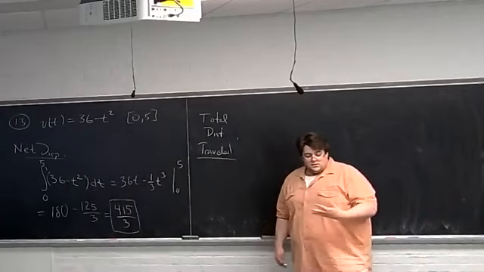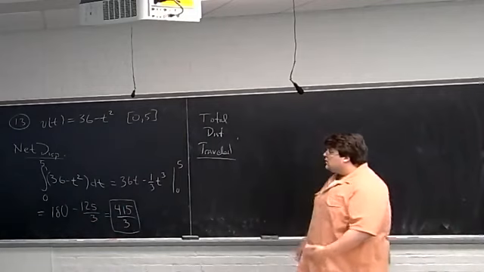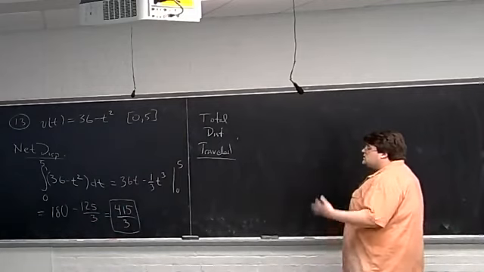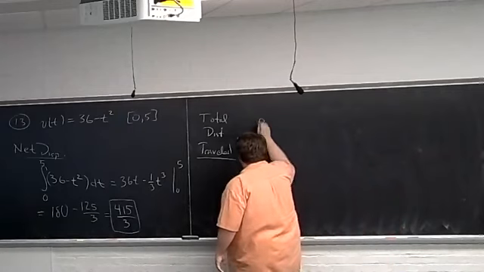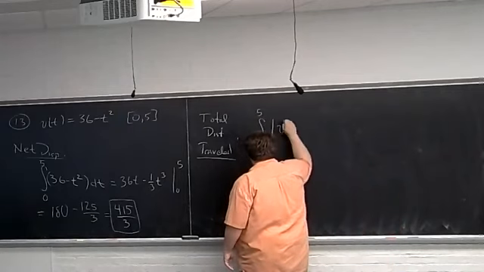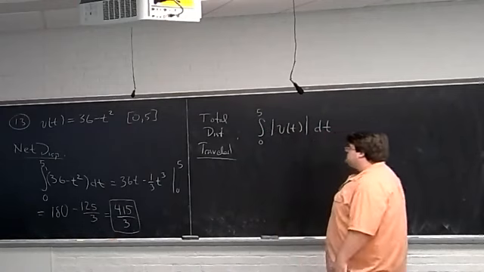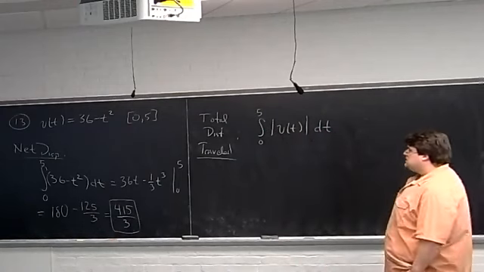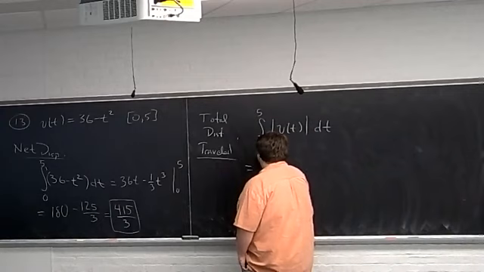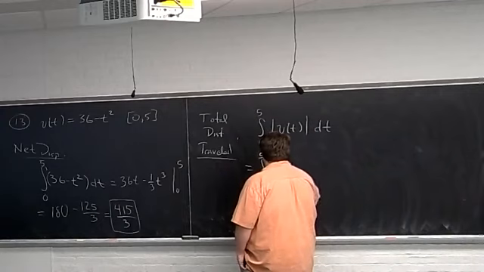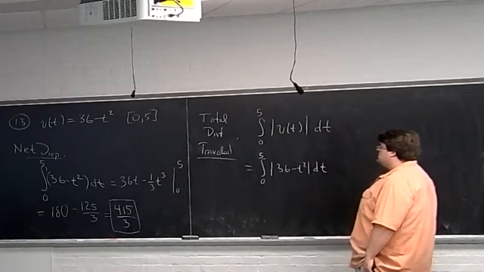Walking backward will cancel its own walking forward. But if we want to count the negatives, which we do for total distance traveled, we can do that by taking the absolute value of our velocity function. What do we get here? Absolute value of 36 minus t squared.